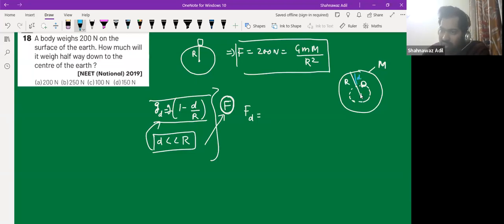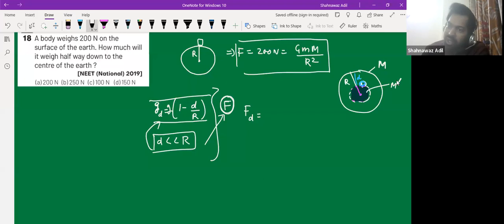So this is the total radius, and the object is at a certain depth. Now, if we calculate the force between this center and this mass, we have to assume this mass of the Earth, because only this mass of the Earth is contributing, and this is m prime.